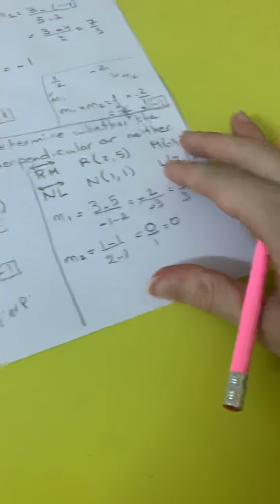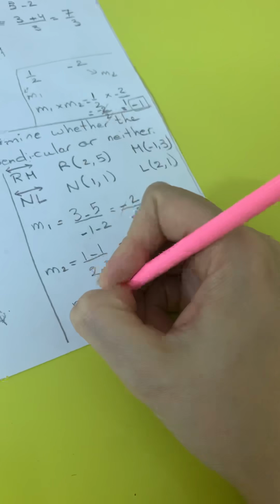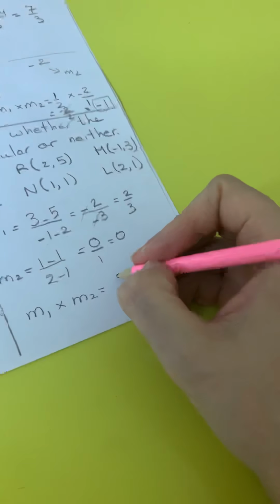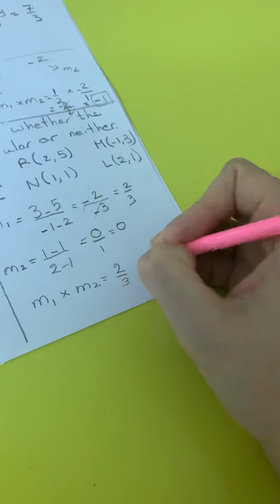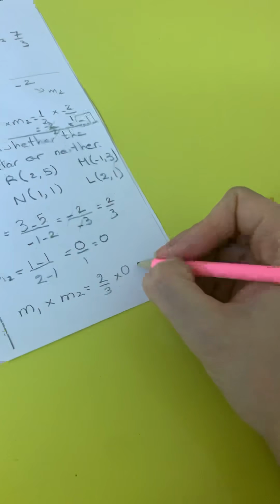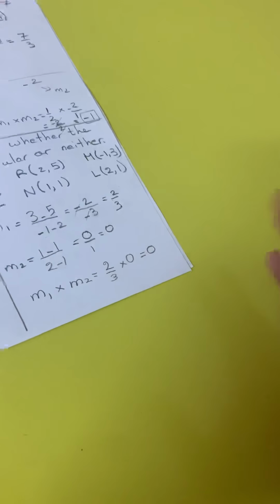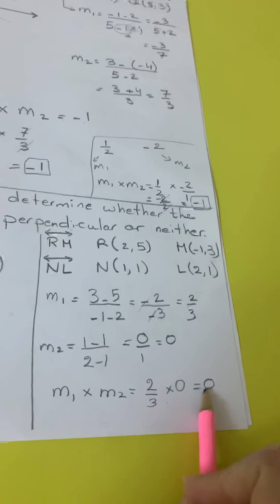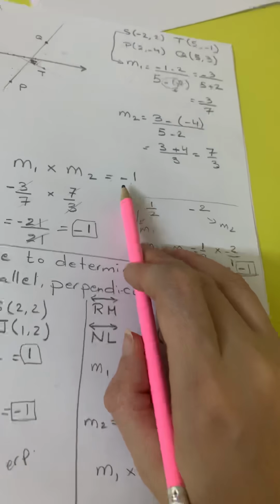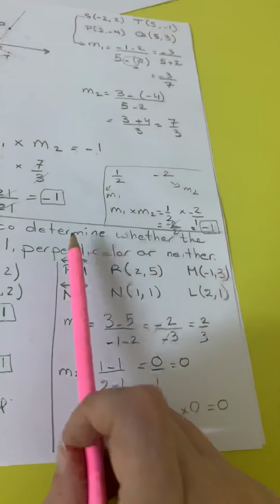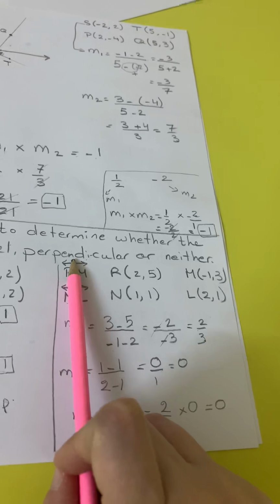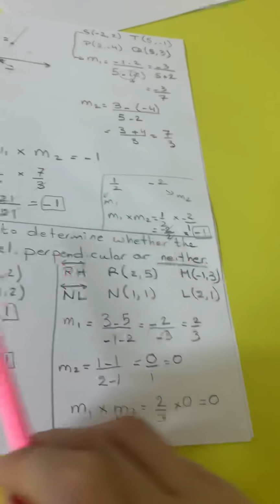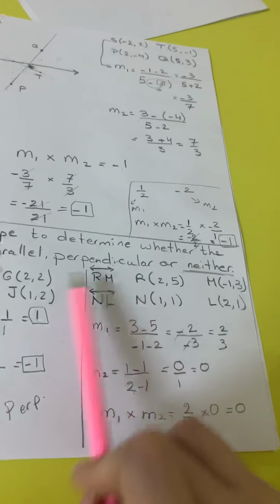Second step, I do M1 times M2 to check if they are perpendicular, which is 2 over 3 times 0, which is basically 0. Any number multiplied by 0 is 0. So the answer, is it negative 1? No, it's a 0. So they are not perpendicular. So it's neither. It's not parallel, not perpendicular.